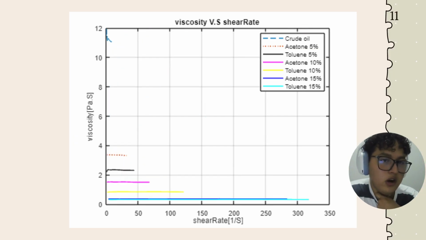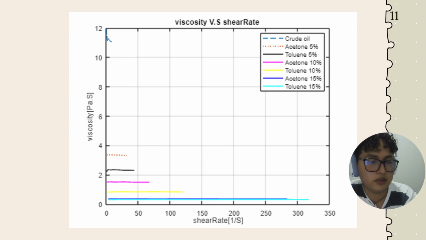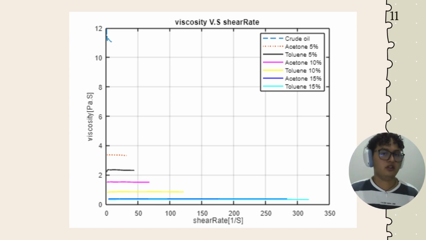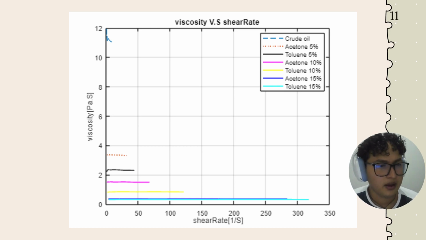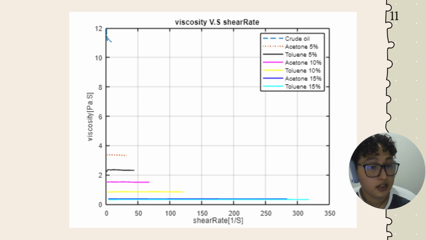Finally, our second graph is making a contrast between the viscosity and the shear rate. It is important: we can see the higher viscosity in the crude oil, which is reduced by the diluents. So we can conclude that the concentrations and the kind of diluent make a difference, affecting the viscosity.